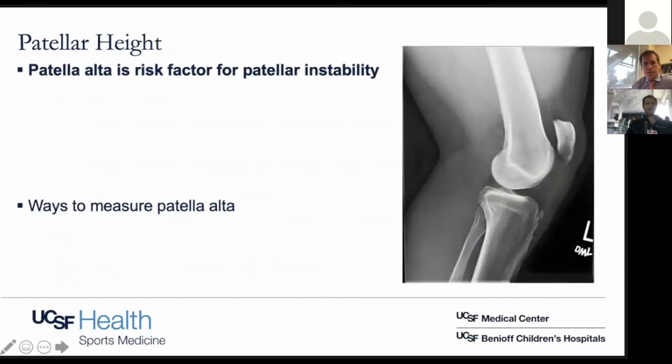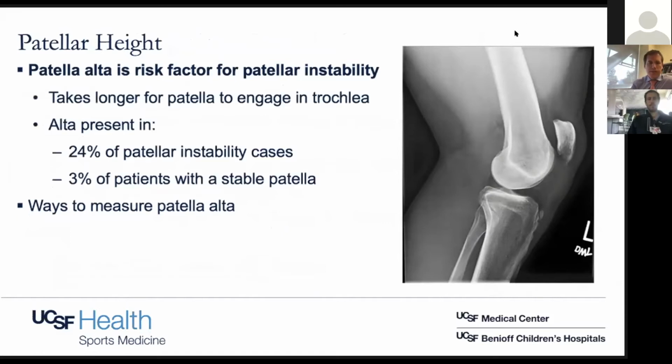Charlie mentioned patella alta and patella baja, so that's patellar height. And we know that patella alta is a risk factor for patellar instability. When the patella is positioned more proximally, it takes longer for it to engage in the trochlea, and it may track abnormally before it really engages.